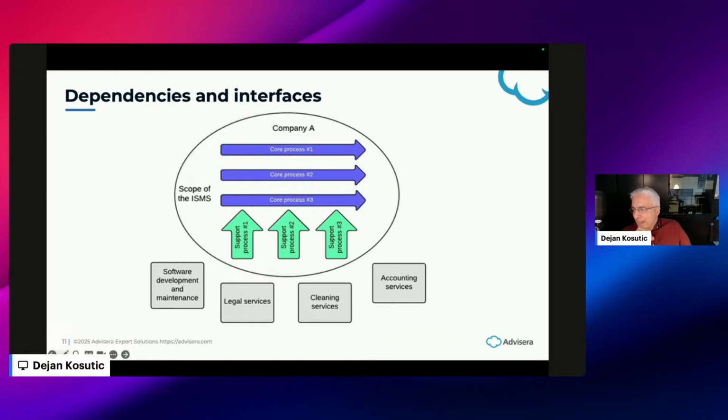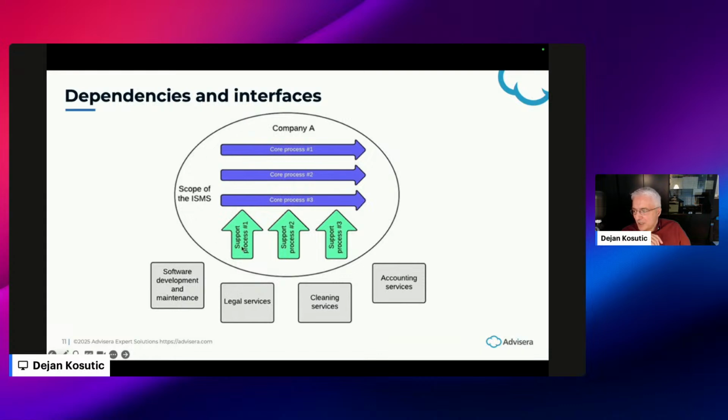Okay, so if I can describe the scope graphically for some hypothetical company, let's say that this company A has three core processes, right? Core process 1, core process 2, core process 3. And it has some support processes.